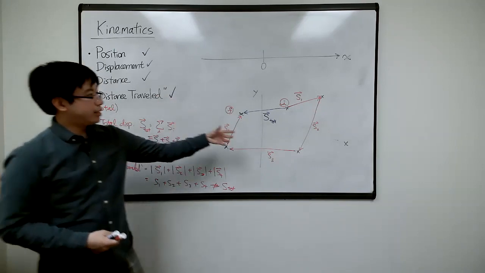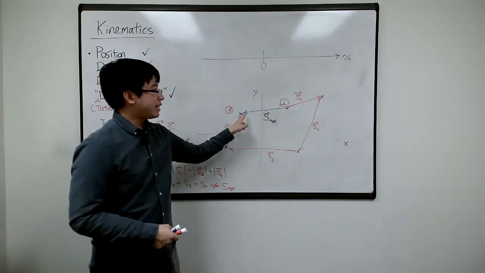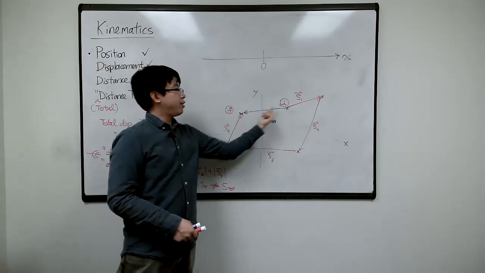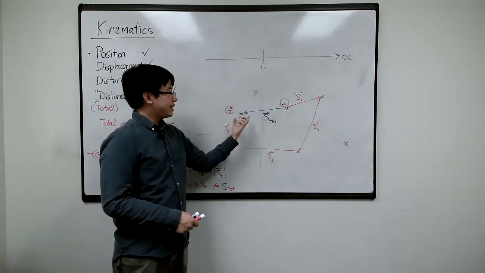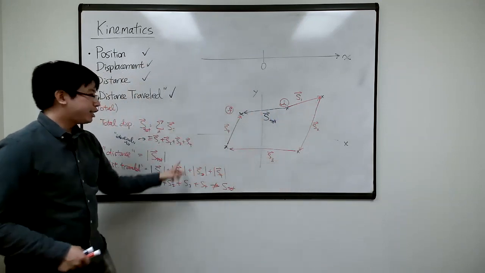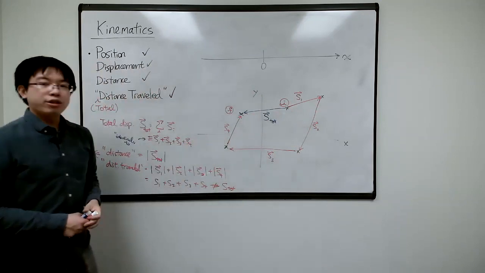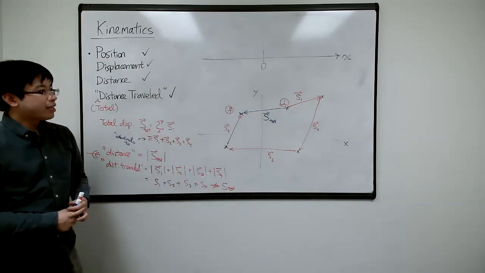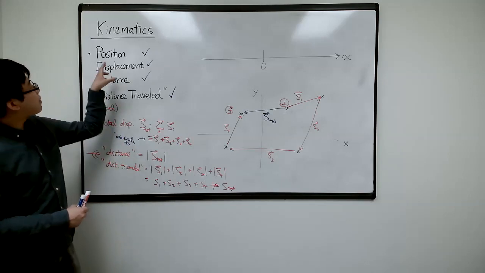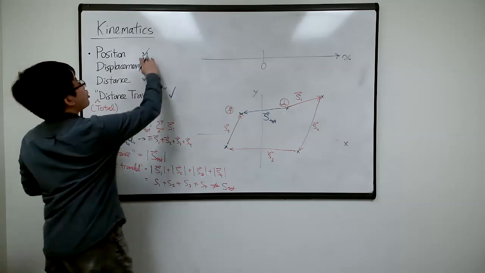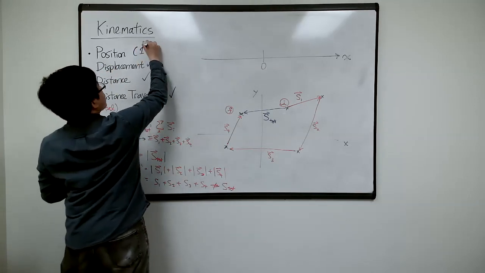So hopefully this tells you the difference between all this. Just as a summary, that's the displacement vector. Displacement is a vector. The distance between initial and final is this, and the distance traveled is you add up the magnitude of every little thing. Also to clarify, position can be the position of one thing.